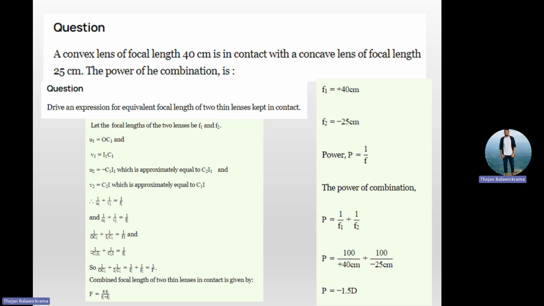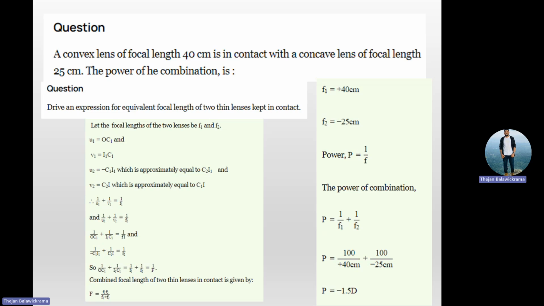It's a normal derive. The convex one is 40 centimeters, the concave is 25.